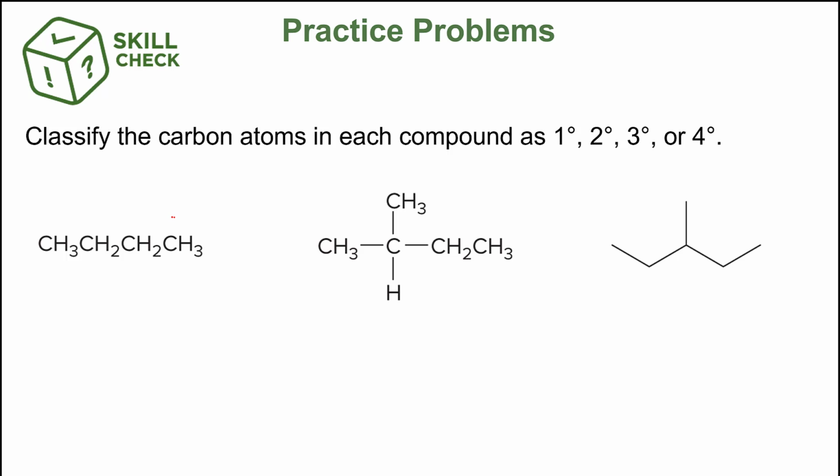Our CH3s are always primary. CH2s are secondary. Primary, primary. CH2 is secondary. Every once in a while you get a CH with 3 carbon groups. That's tertiary. So this one here is tertiary. CH2 is secondary.